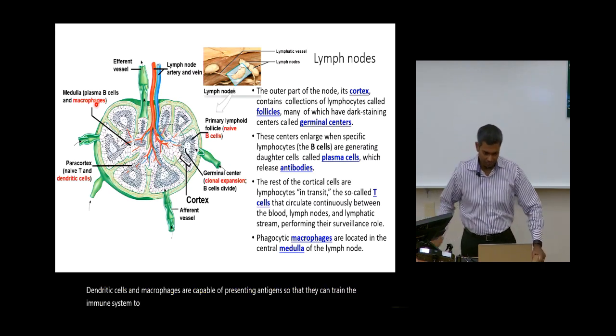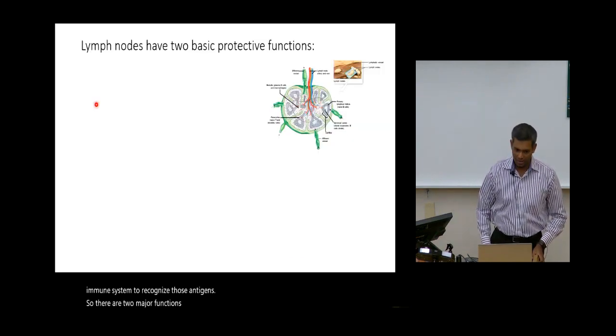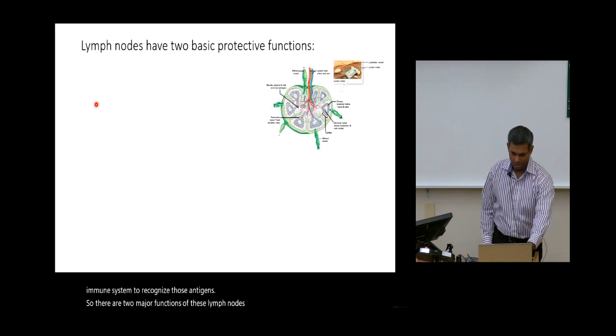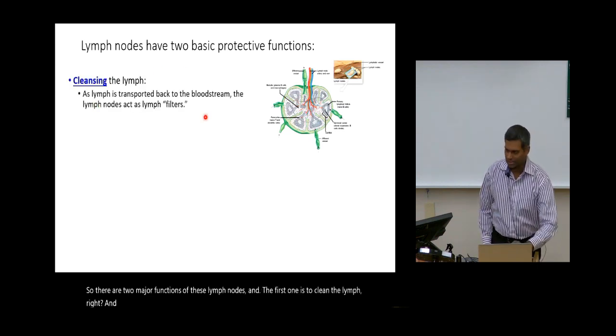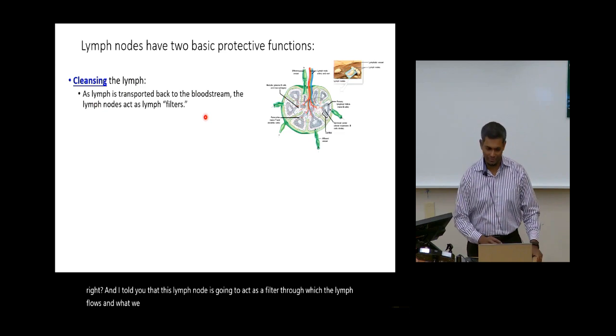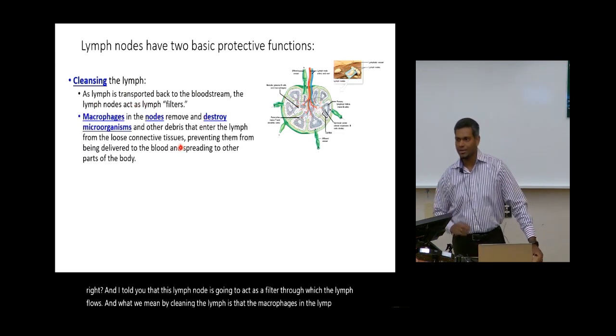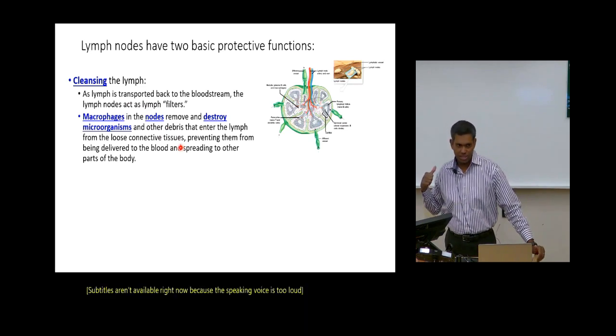recognize those antigens. So there are two major functions of these lymph nodes, and the first one is to clean the lymph, right? And I told you that this lymph node is going to act as a filter through which the lymph flows. And what we mean by cleaning the lymph is that the macrophages in the lymph nodes will destroy the microorganisms which enter into the lymph node.